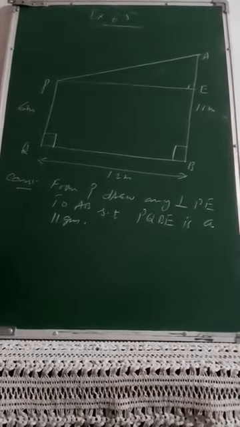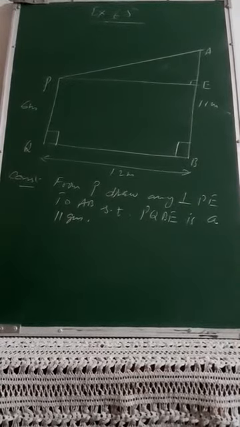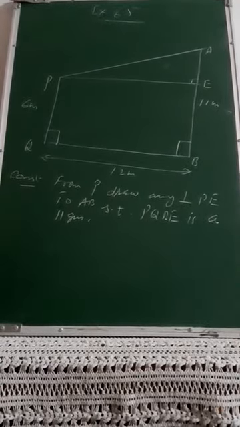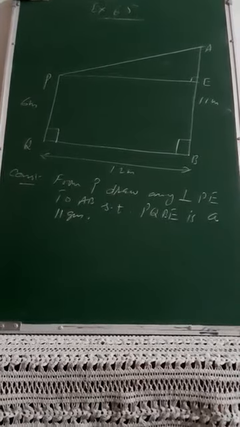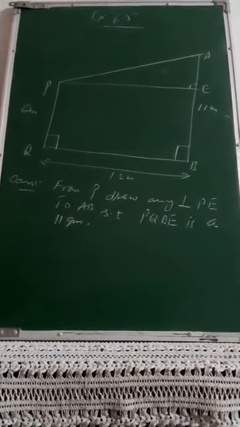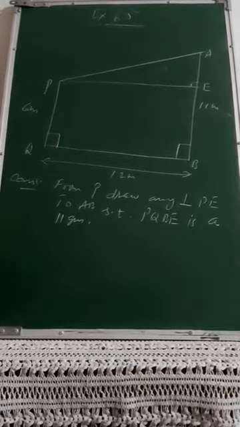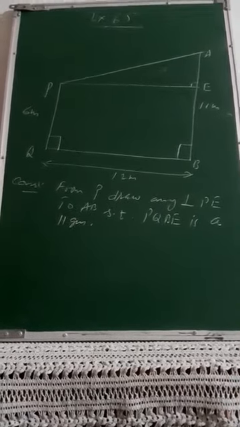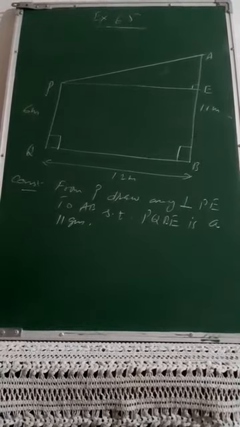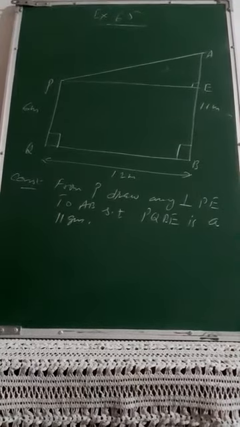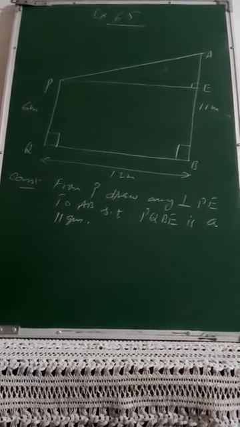I called it a parallelogram, not a rectangle, because you know that a parallelogram with a vertex of 90 degrees is always a rectangle. You can mention that later also, but it is better to say this is a parallelogram first. As you know, the rectangle is also a family member of the parallelogram.